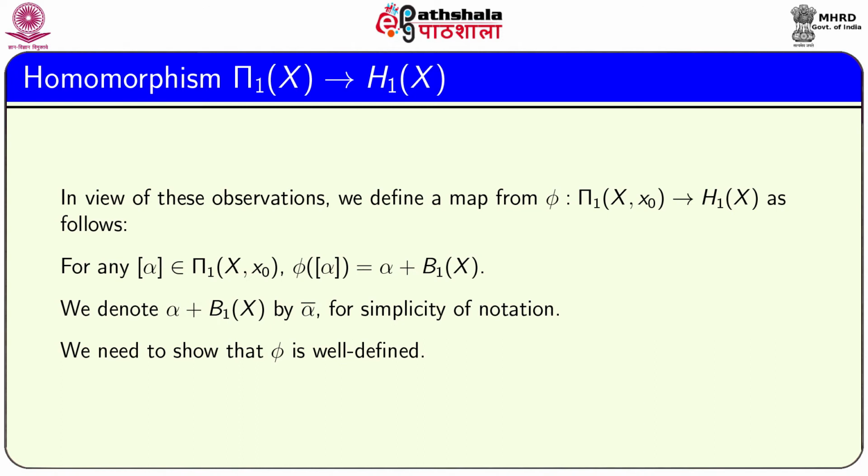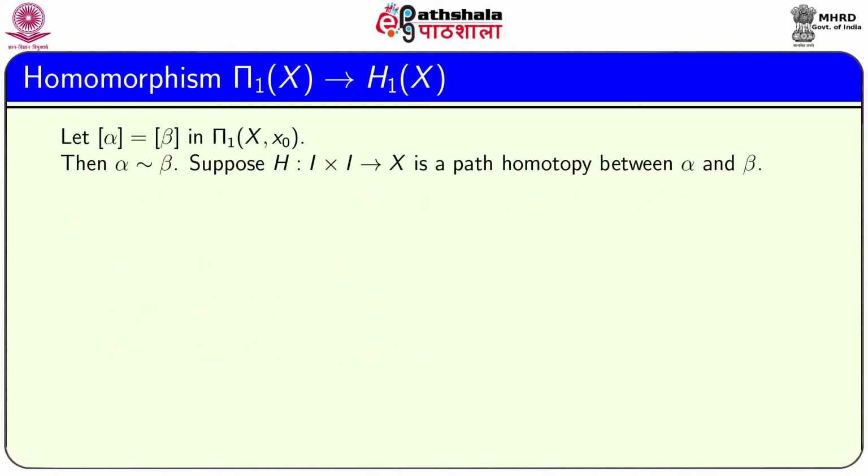We need to show that phi is well defined. For that, we start with two representations of an element of pi 1 x x0. That means class alpha is equal to class beta inside pi 1 x x0.